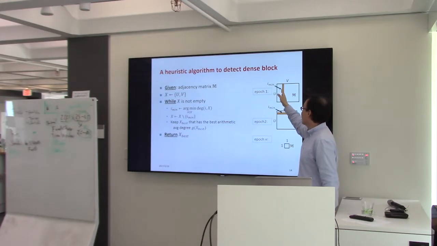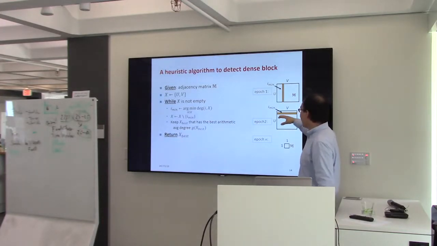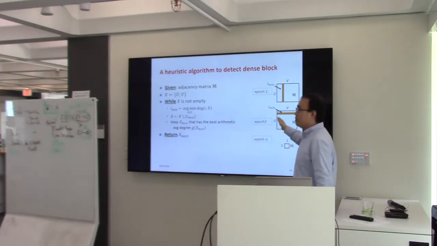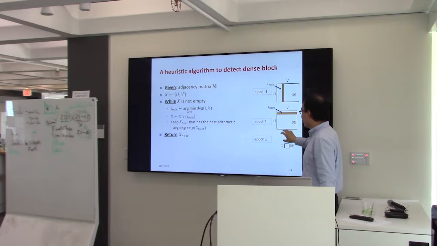Let's say we found the minimal column here, and the matrix becomes narrower. In the next step, we find another minimal one. It may be a column or a row. Let's say it's a row, so the matrix becomes shorter.